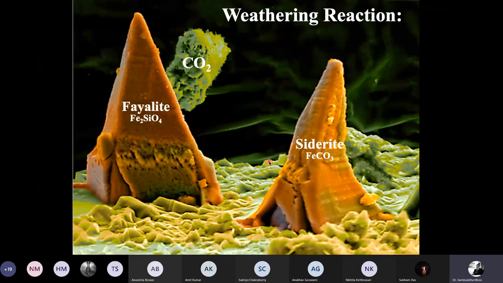This is a nice false color image showing what exactly happens on the planet when there is a weathering reaction. Chemical weathering happens in presence of carbon dioxide or any acidic gas, whether it be nitrous oxide, sulfur oxide, any gas that can dissolve in water present in the atmosphere and form an acid will lead to a strong chemical reaction.